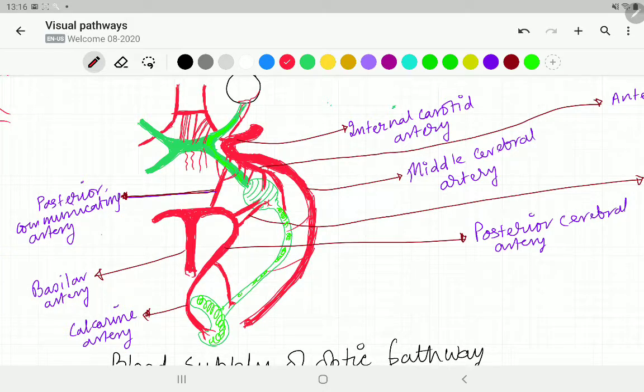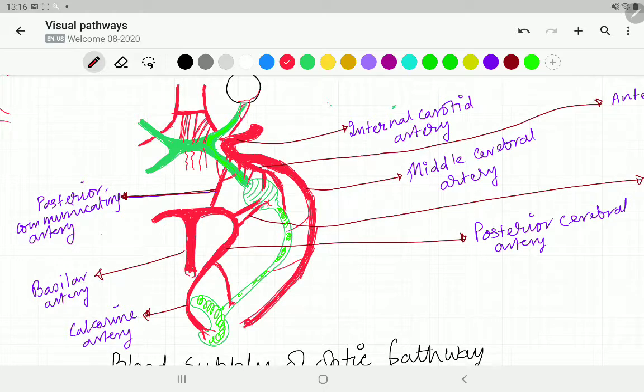And as we can see, the whole optic tract is essentially supplied by the anterior circulation or the carotid system, because the posterior communicating artery is a branch of the internal carotid artery. The anterior choroidal artery is also a branch of the internal carotid artery.